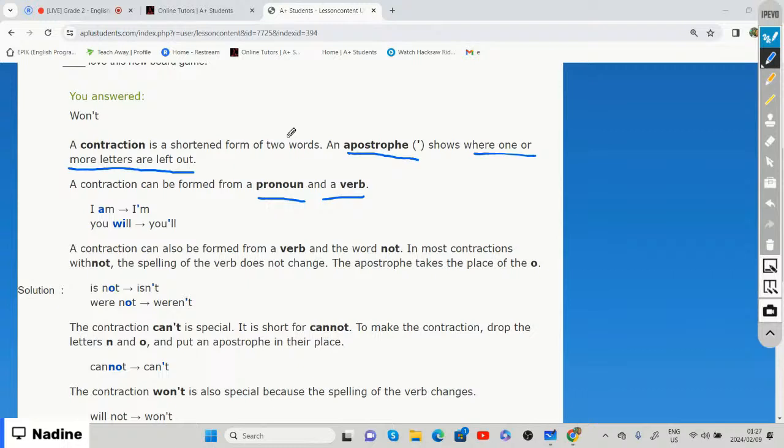And in most contractions with the word not, the spelling of the verb does not change. So we can say then a verb as well as not.